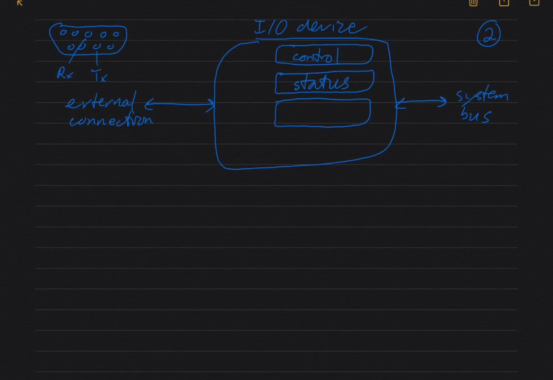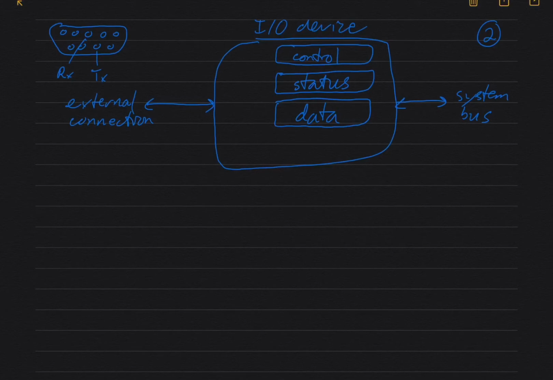Then there's a status register. There's usually at least 1 of those that you can read that will tell you information about the state of the I/O device. And there's usually at least 1 data register, or sometimes it's called a buffer.